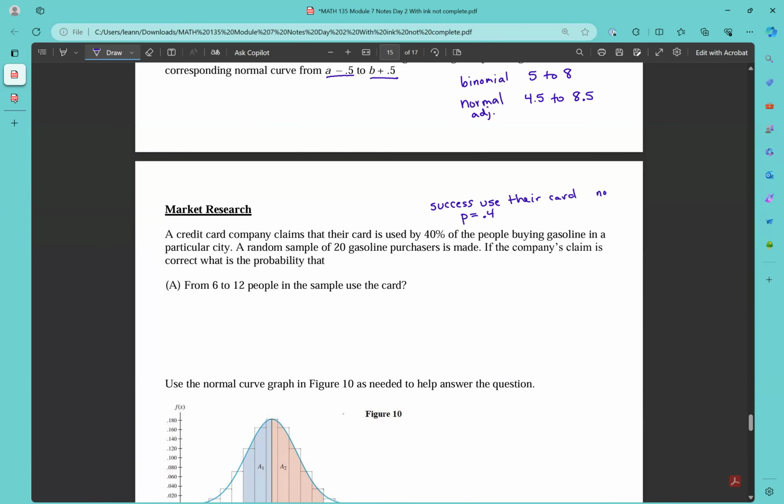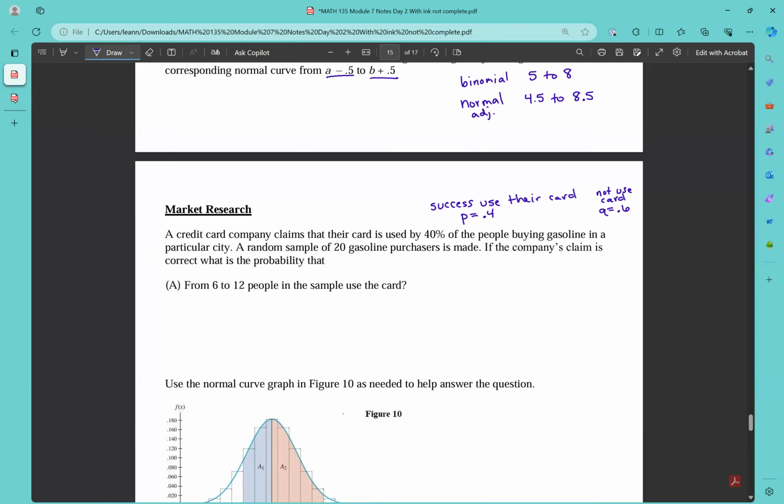Not using the card is the other option. Either someone uses the card or they don't. So 60% of the people buying gasoline in that city would not be using that credit card company.